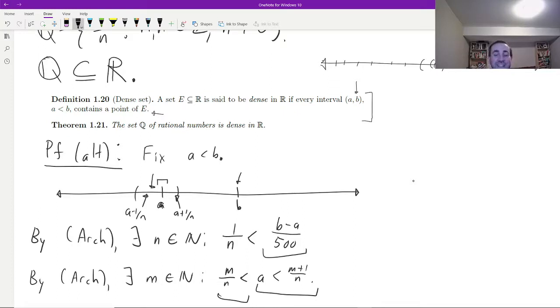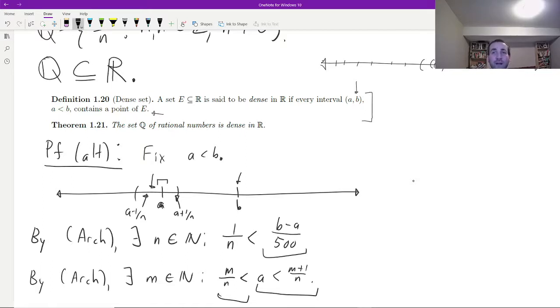So all right, let's think for a second, because we haven't gotten to this type of proof yet in this class. What happens in this type of proof? What I'm really saying, if I want to prove that the set Q of rational numbers is dense in R, is I want to say, hey, you, my enemy out there, give me a pair AB, and then me, the theorem prover, I'm going to find some element of my set Q that's contained in AB.